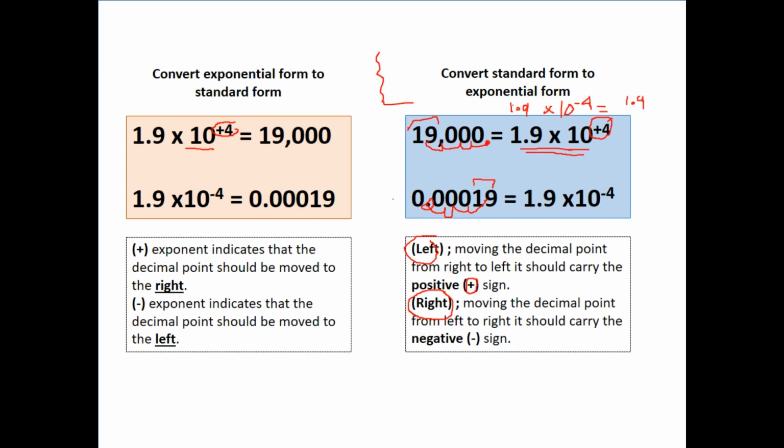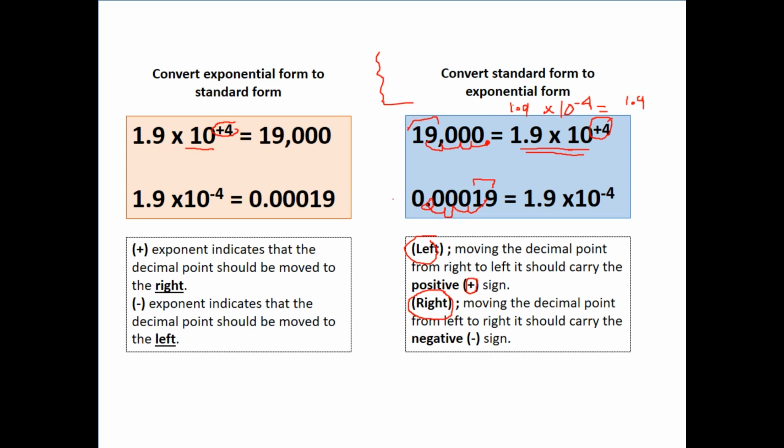Remember, with our exponential notation, you can identify how many places to move to the right or to the left based on our exponent, if it is positive or negative. But this time, since we are coming from the right going to the left, why is it positive? It is positive because it should be the opposite.